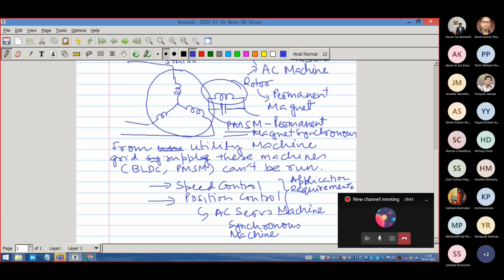The squirrel cage of that is made up of copper, so that the efficiency becomes better. Normally, you will see that in the lab or somewhere, people use aluminum conductors in order to cut cost. But what I'm trying to say is that without much bias, we should have an open mind in an application to choose the machine that we require. It depends upon many things.